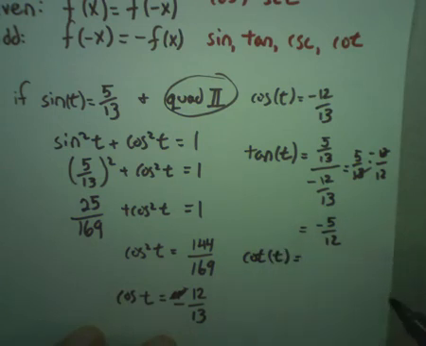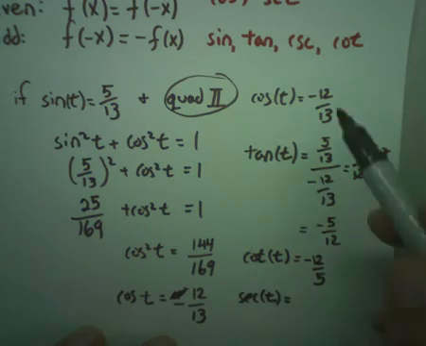Cotangent, I could repeat that process, but cotangent is just a flip of tangent, so I already know that cotangent is negative 12/5. And secant is 1 over cosine.